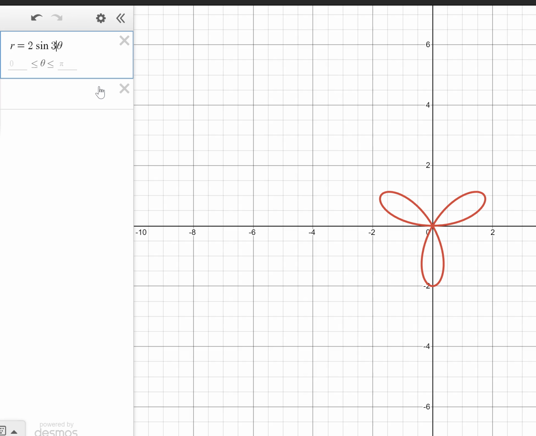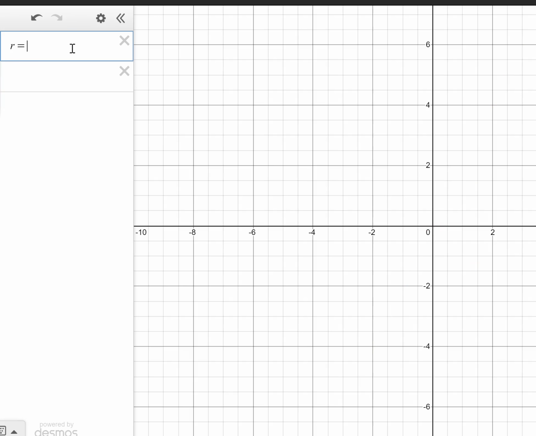One that is a little surprising: do you remember we had y equals 4 when we had r sine theta equals 4? Notice this is just a horizontal line at 4, which is what we expect it to be because this is y. Another way that we can write that, if we solve for r, is 4 cosecant of theta.